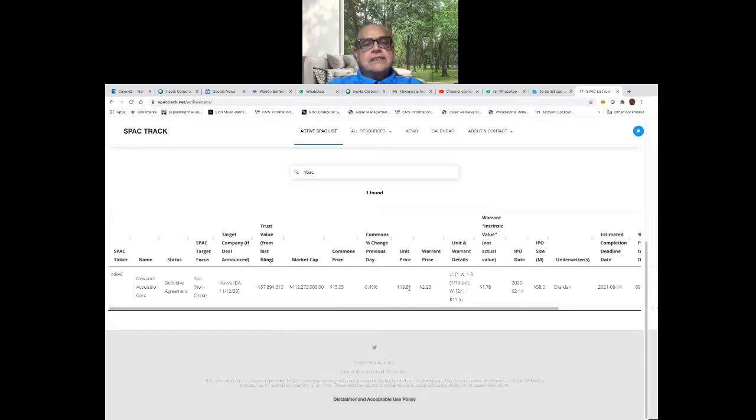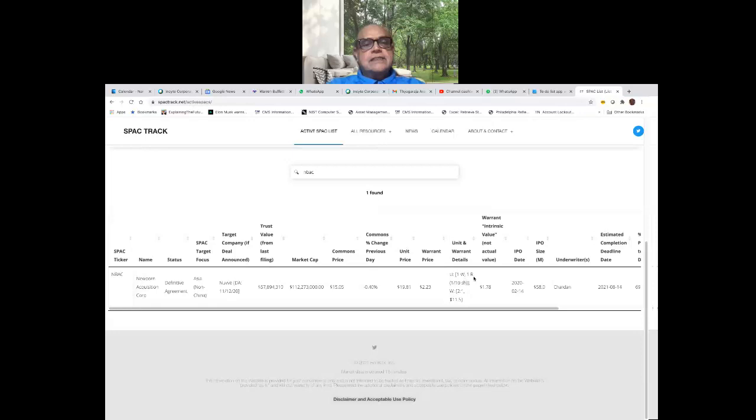The unit price is 19.81. I think that is why it is coming like that. Correct. Okay. And then the warrant price is 2.22. Can you explain this? What they are saying is for each unit you would get one warrant. Okay. I do not know what is this 1R 1/10 share.